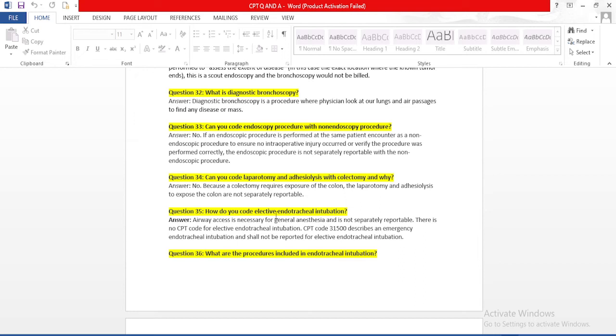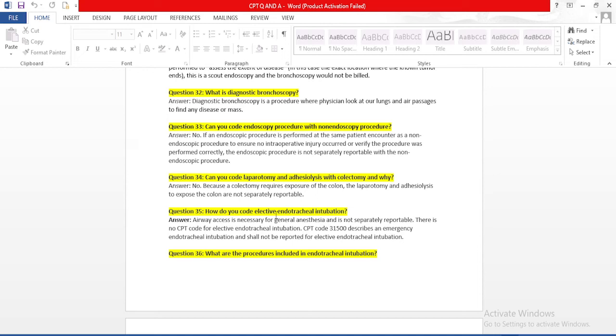Next one, can you code an endoscopy procedure with a non-endoscopy procedure? No. If an endoscopy procedure is performed at the same time or same patient encounter as a non-endoscopic procedure to ensure no intraoperative injury occurred or to verify the procedure was performed correctly, the endoscopic procedure is not separately reportable with the non-endoscopic procedure.